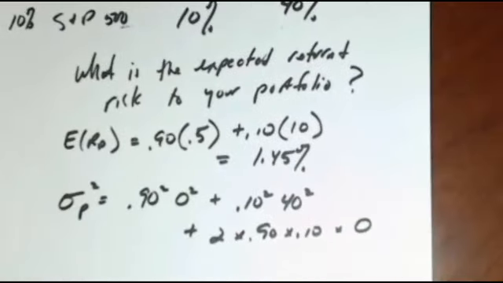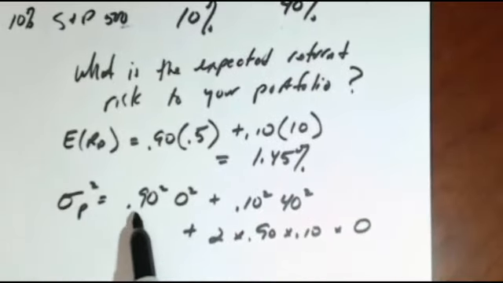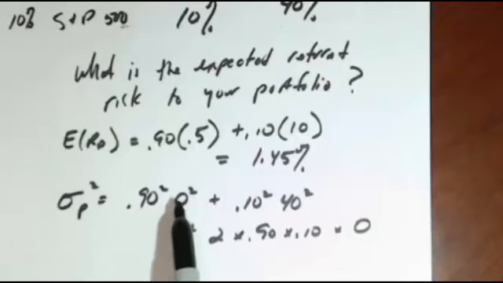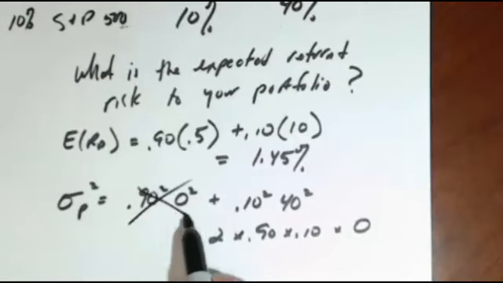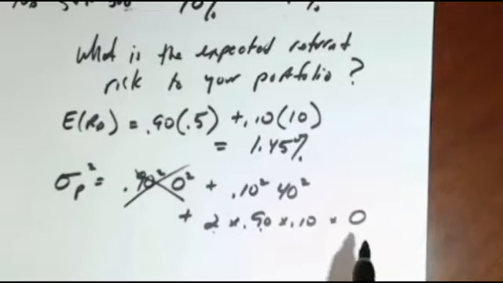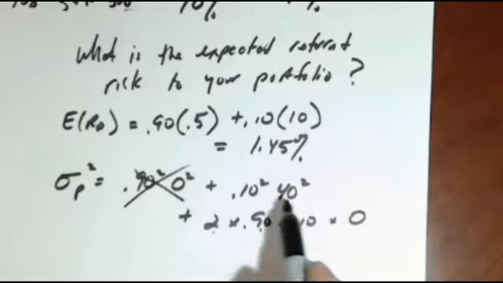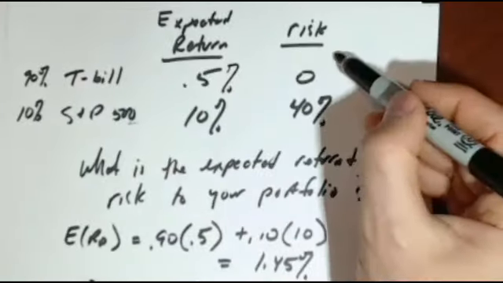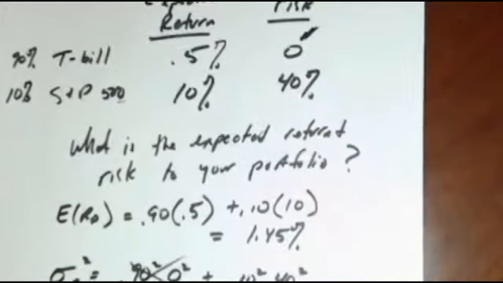Okay. Now here, this is the weight that we have in the T-bill times the risk of a T-bill, which is 0, so that washes out. And then we have 2 times the weights that we have in each asset times the covariance, and the covariance is 0. Remember, I told you the covariance of the T-bill with anything is always 0 because of the variance, because of this term right here, 0.